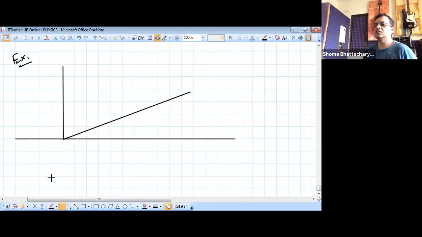Both are fixed. There's a fixed wall and a fixed inclined plane. This is just the imaginary horizontal line; there's no such horizontal surface. So the inclined plane is fixed against the wall like this.